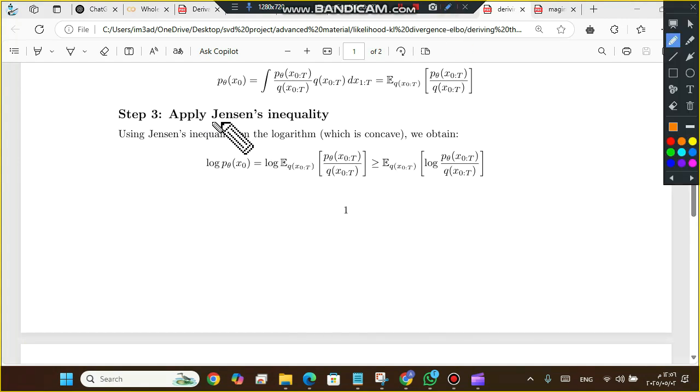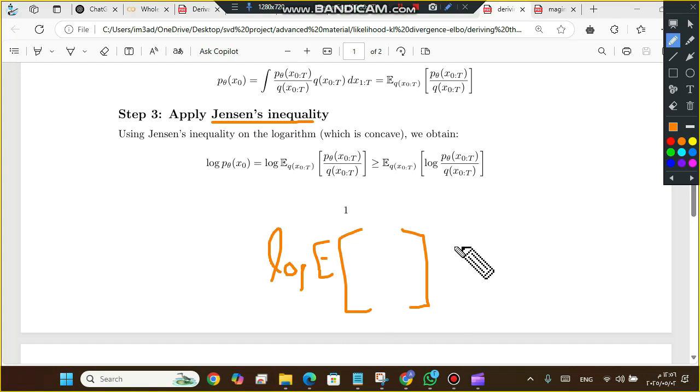Now, the Jensen's inequality tells us the following. It tells us that the log of the expectation of something will always be greater than or equal to the expectation of the log of something.